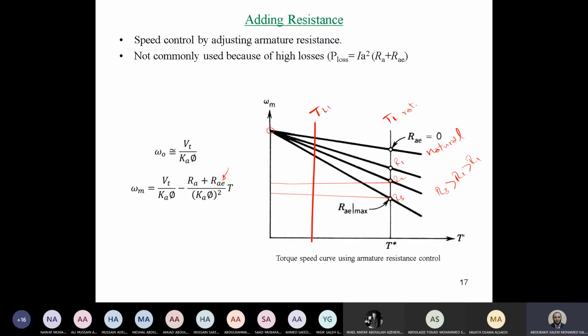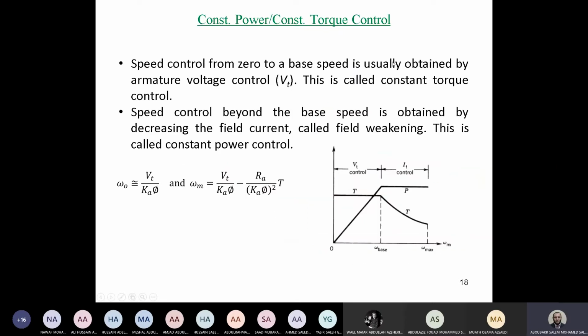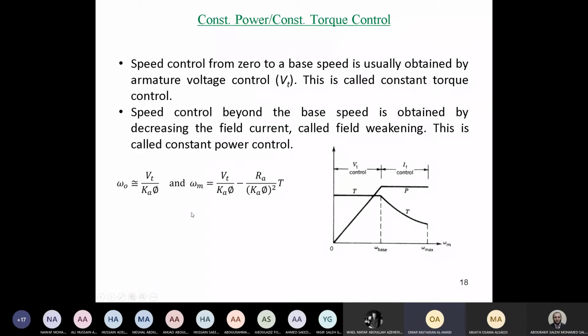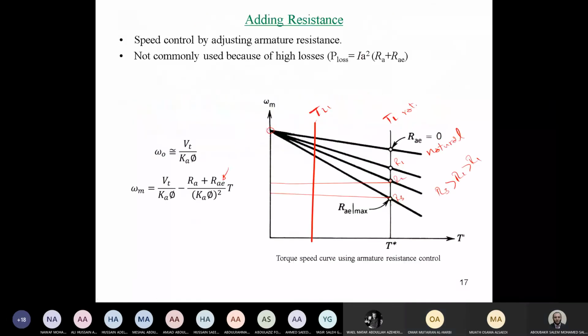Another important general drawback is the losses. Now, if you add extra resistance here, the amount of total resistance will be increased, which means the power losses will be increased.